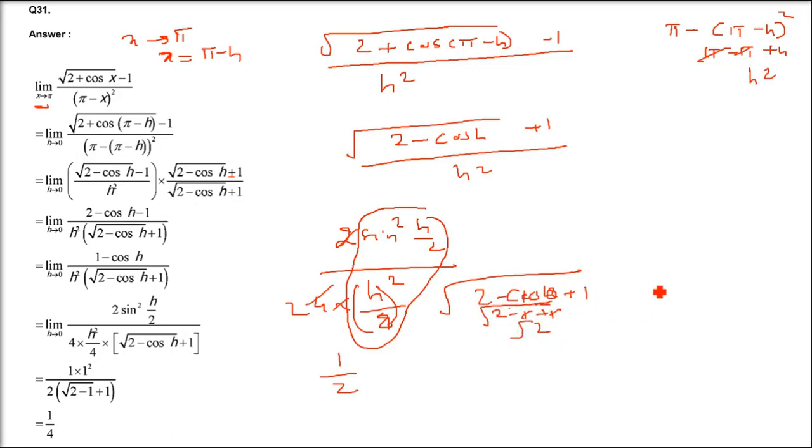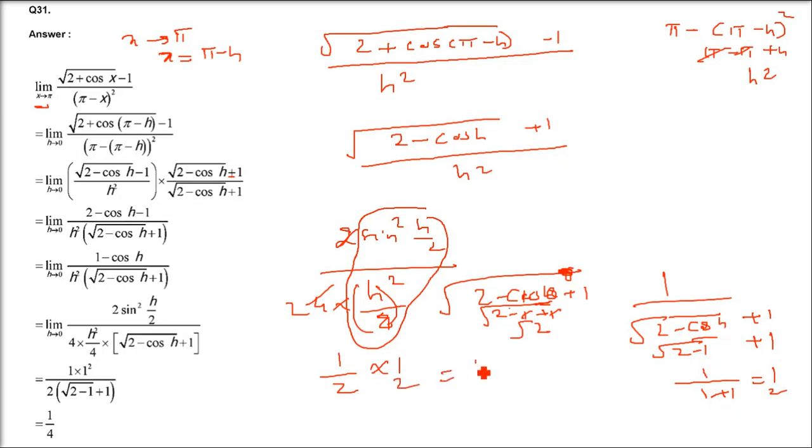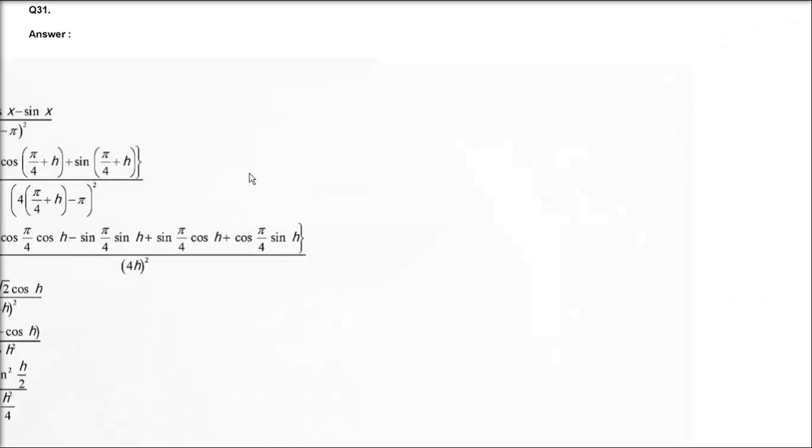So 1 by 2 will come. And 1 by 2 was already there outside. So 1 by 2 into 1 by 2 is 1 by 4. So this is 1 by 4.